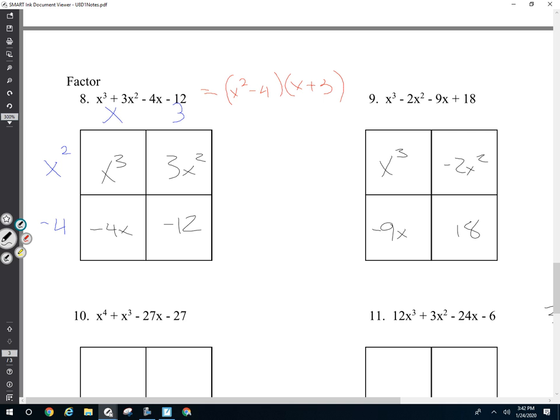Now, there's a problem. X squared times 2 is positive 2x squared. You got a negative. 9 times 2 is positive 18. But x and 9, that's not positive 9x. This is the trick about this one.